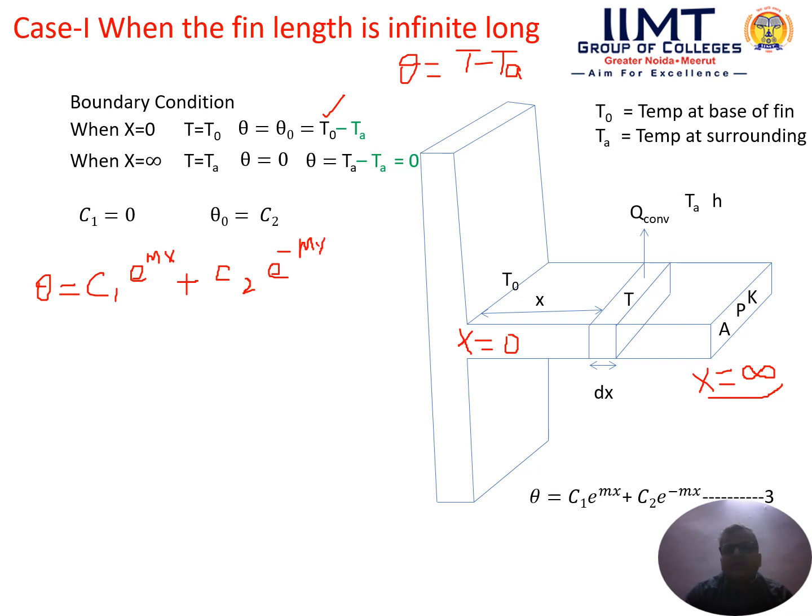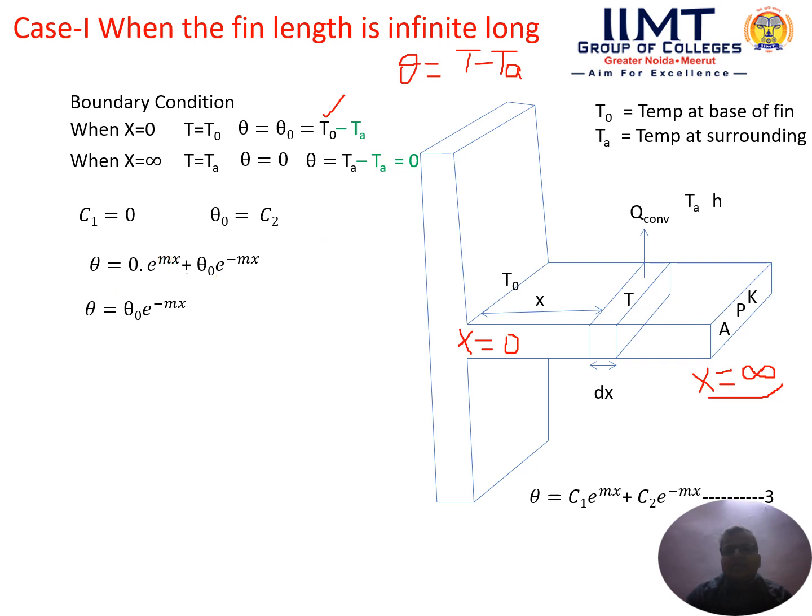And then by putting the values of C1 and C2, C1 is equal to 0 and C2 is equal to theta naught, we can easily get theta is equal to theta naught e to the power minus mx.